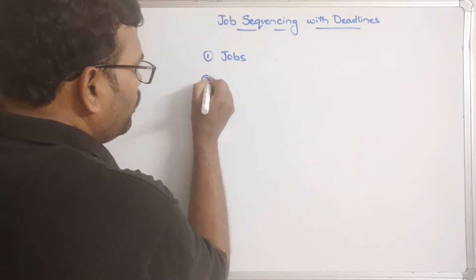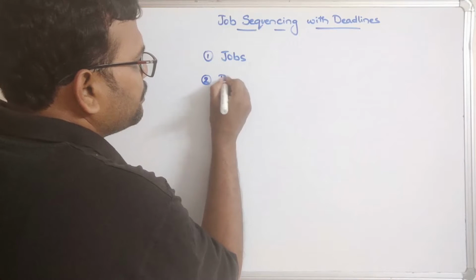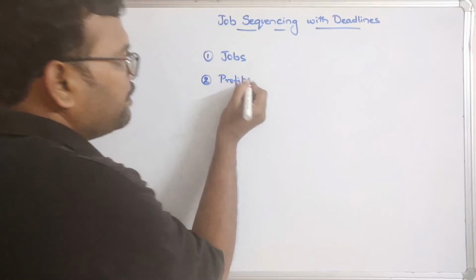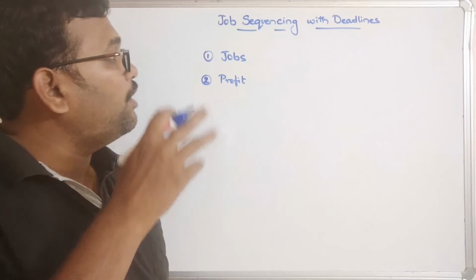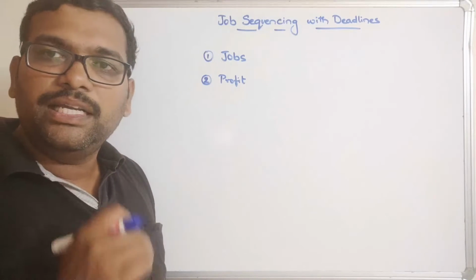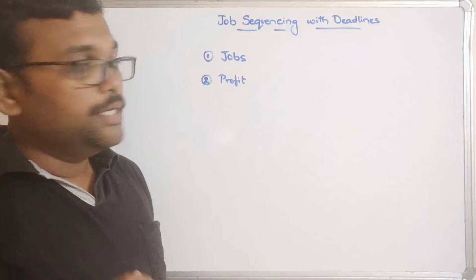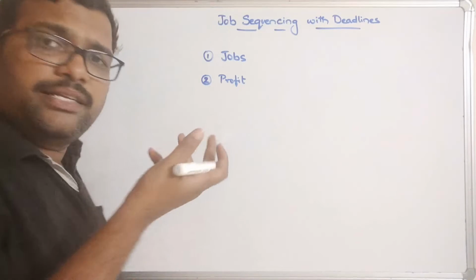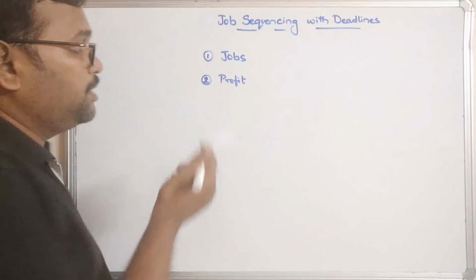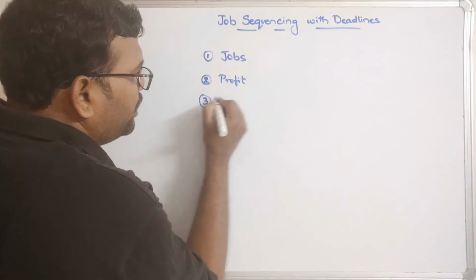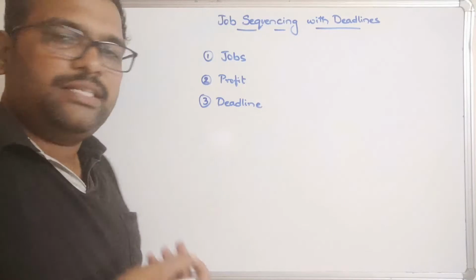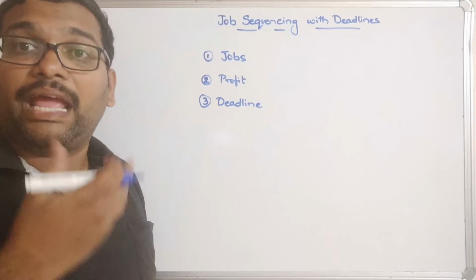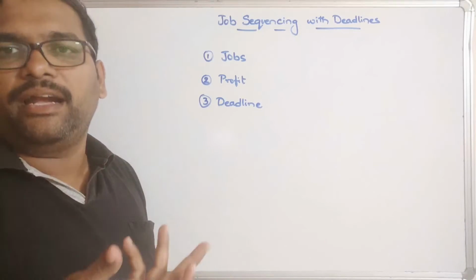And the second one is profit. Profit means what we gain after completion of each and every job, or we can say it as a cost. And the third one is deadline. The name itself indicates that for every process or every job there will be a deadline.